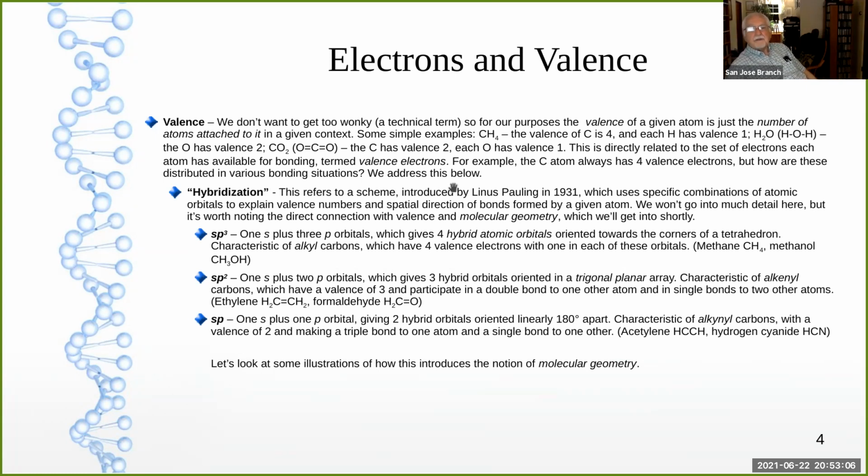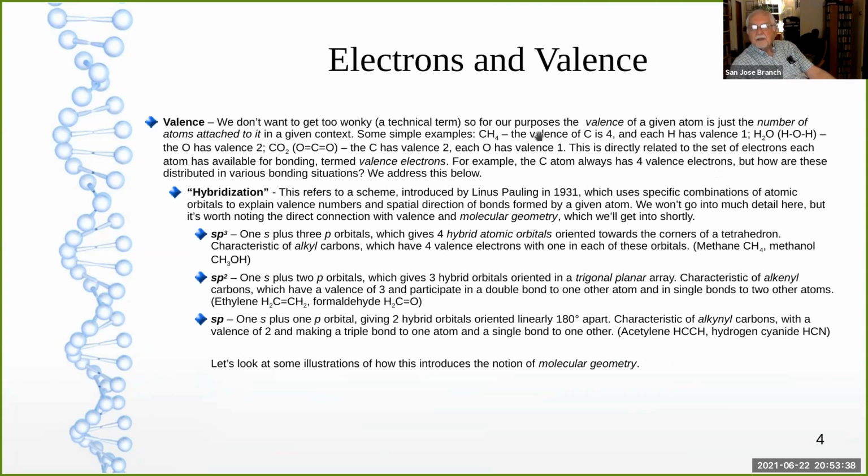with other atoms. And so the carbon atom always has 4 valence electrons, but how are these distributed in the different bonding situations that we've already talked about? This is where the confusion comes in between the valence of an atom and the valence electrons, although maybe it's not that confusing.